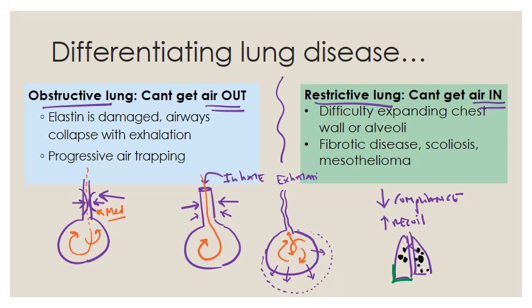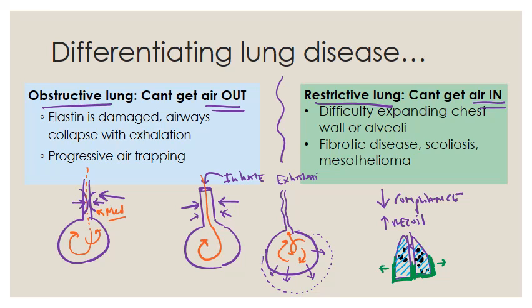Mesothelioma is another kind of pulmonary disease, which is a malignant form of fibrosis, typically on the bases of the lung, which restrict the lung's ability to expand. Or idiopathic pulmonary fibrosis, which is an intrapulmonic disease of the alveoli and the spaces between the alveoli.